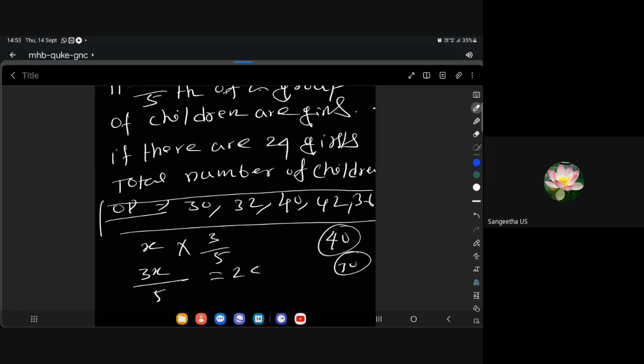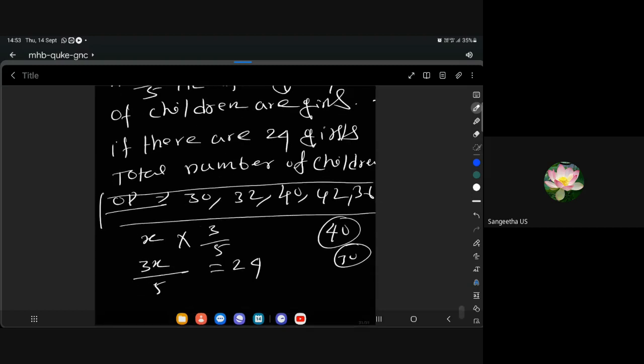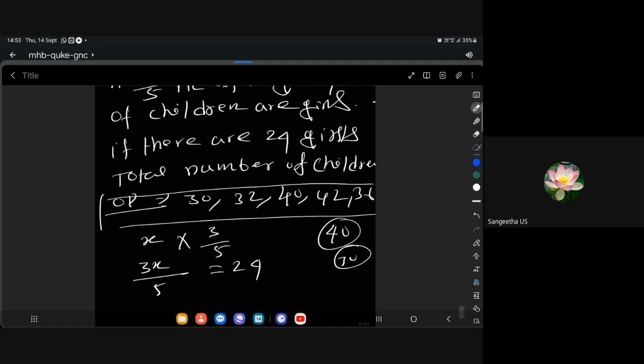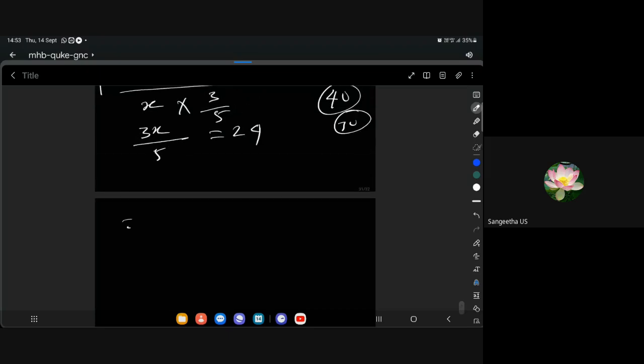According to the question, it is 24. So 3x by 5 equal to 24. Simple shortcut. It will give you x equal to 24 into 5 by 3, which is 40. Any doubt?